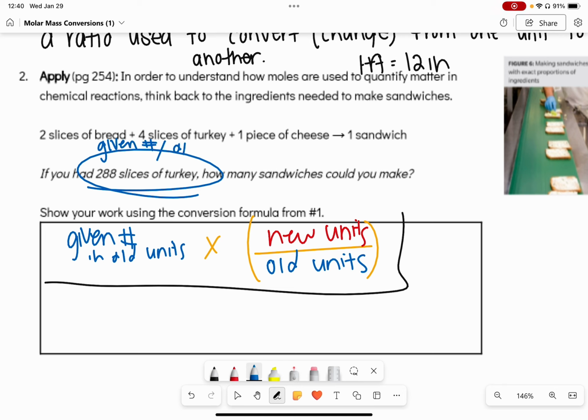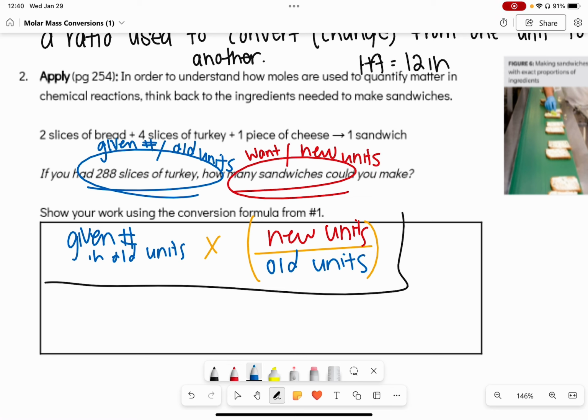I also know that my units with it are all my old units. So I'm going to write old units with the given number. I also need to identify what are my new units. What do I want to find? So the question says, how many sandwiches? Sandwiches are what we're looking for. They're what I want. So those are going to be my new units.